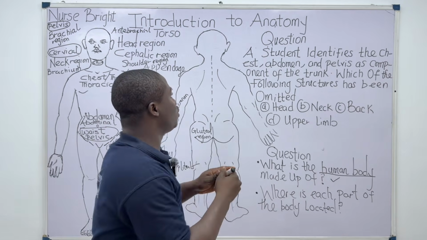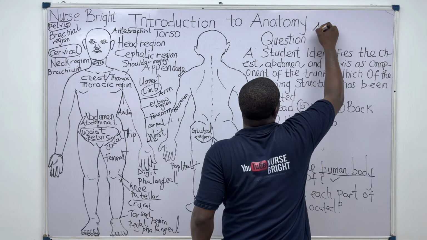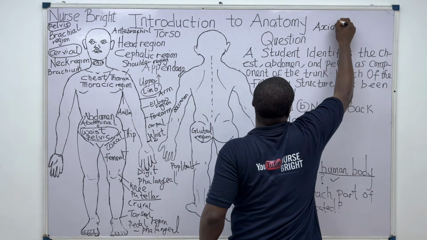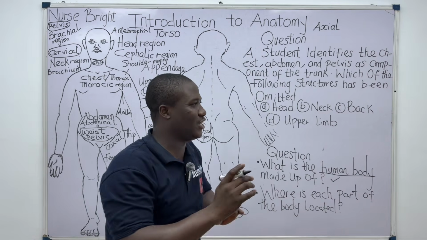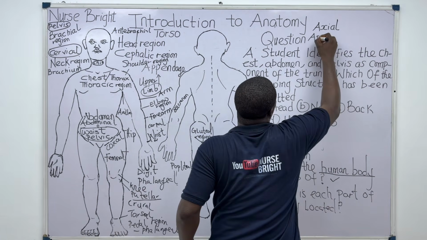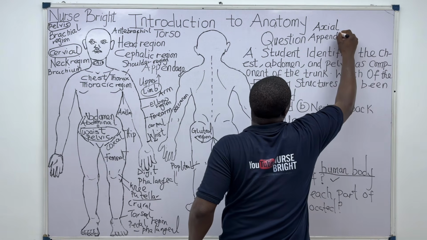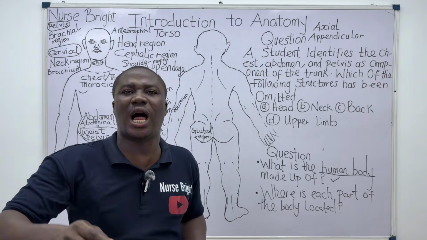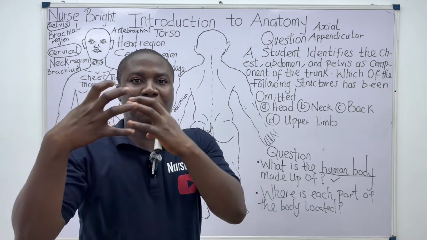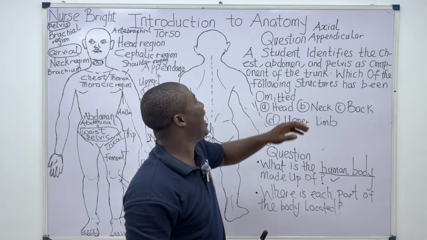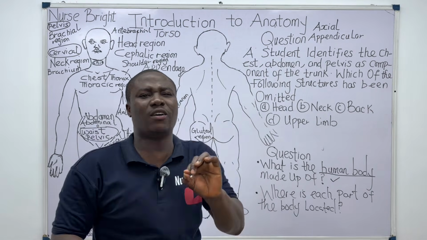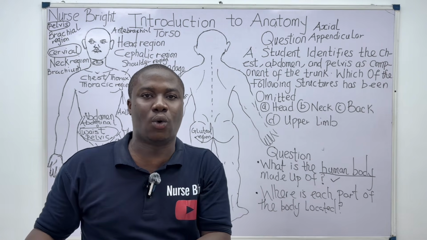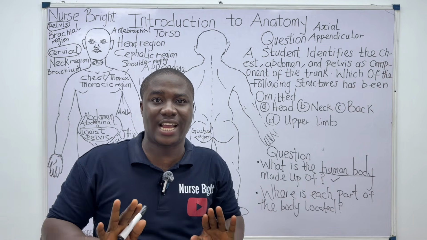Please listen. As a student, it is essential you note the parts of the body that are axial and the parts of the body that are appendicular. They are all easy. Pay attention.